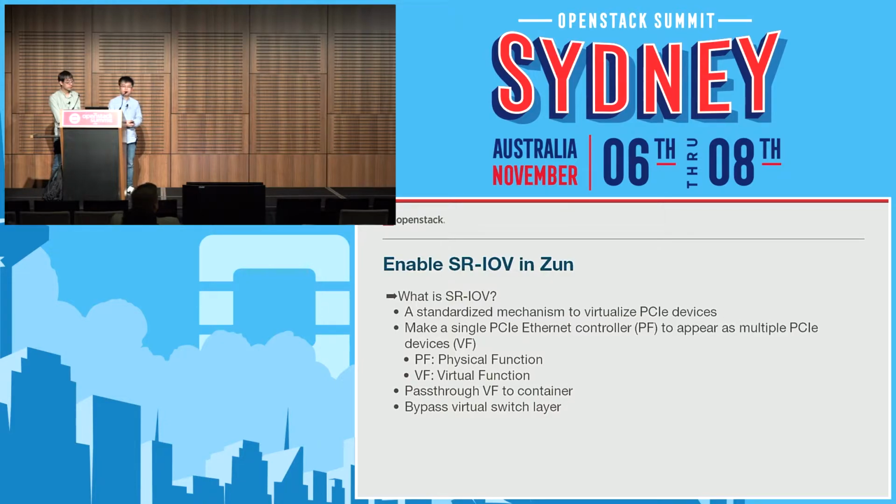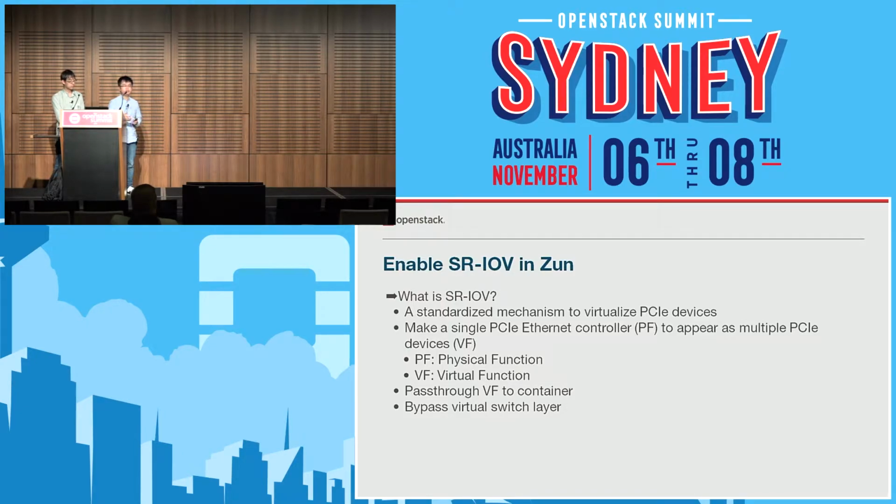In Zun, we are working on several features for NFV. The first feature we have implemented is the support of SR-IOV. A brief introduction: SR-IOV is the standard to virtualize a PCI device and make it appear as multiple PCI devices. In most cases, the PCI device is an Ethernet controller.